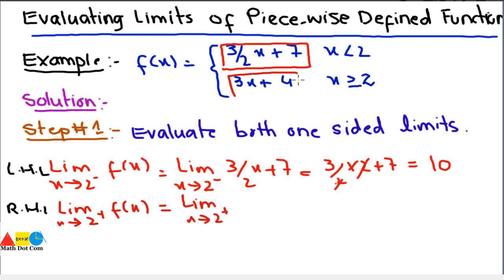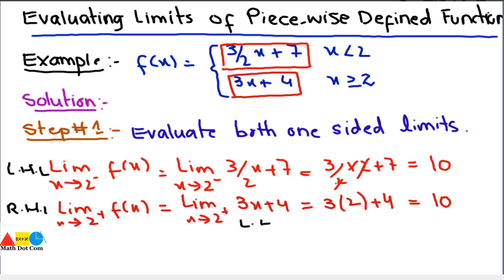We will take this function for evaluating this limit, as x is greater than or equal to 2 in this case. So I'll write 3x plus 4 here. Just put the value of x as 3 into 2 plus 4, that is equal to 10. So it means left hand limit is equal to right hand limit.